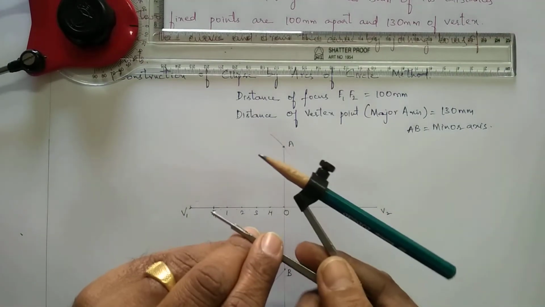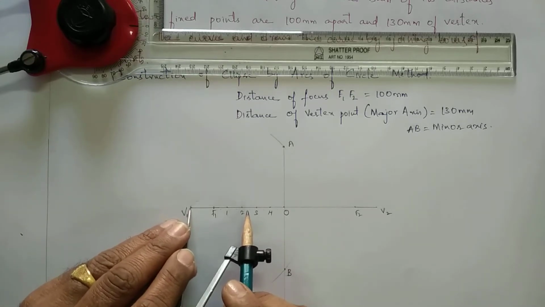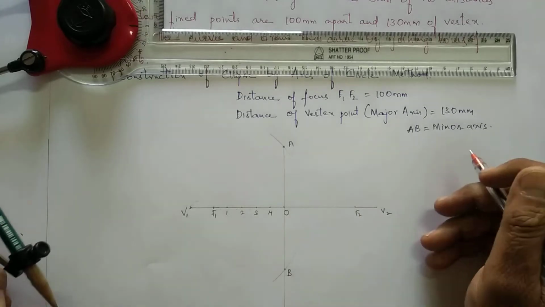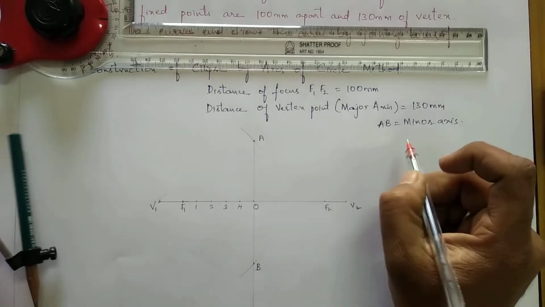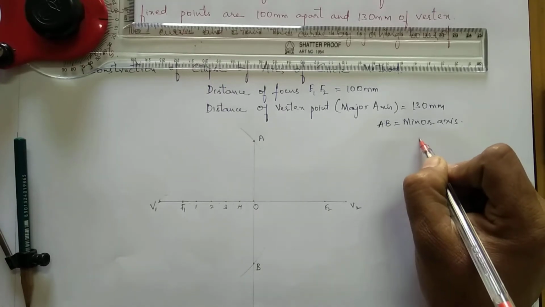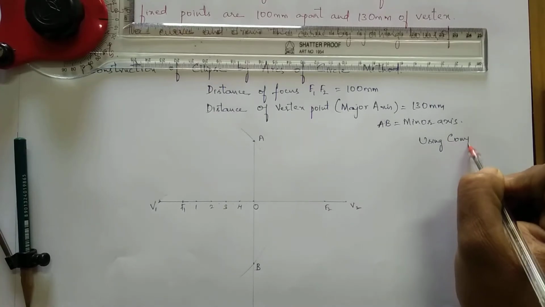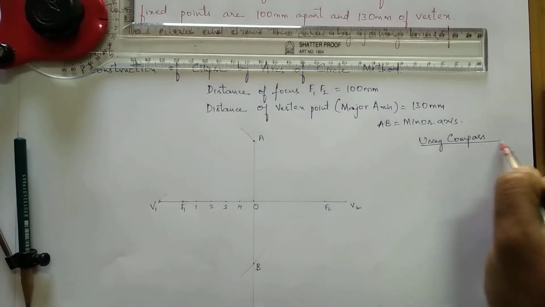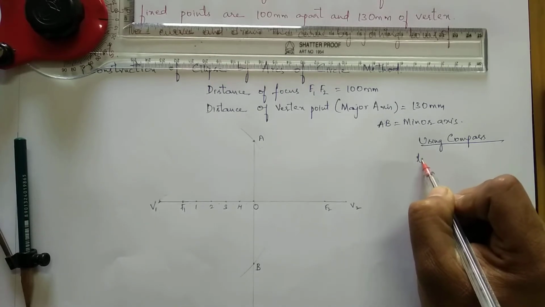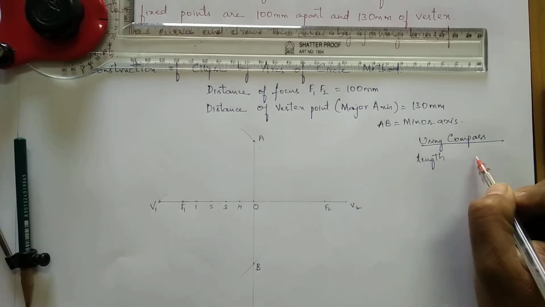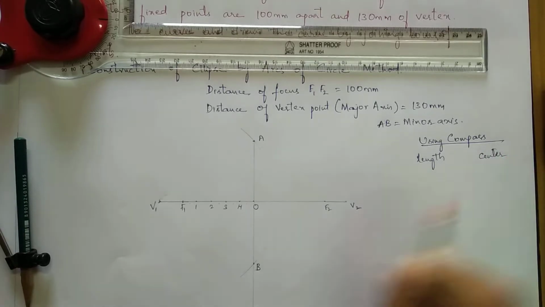So using your compass, and just for your understanding, I'll make a rough note over here so you can make a note of this. Using compass, take the length over here, and the point you have to take as a center, I mention it here.